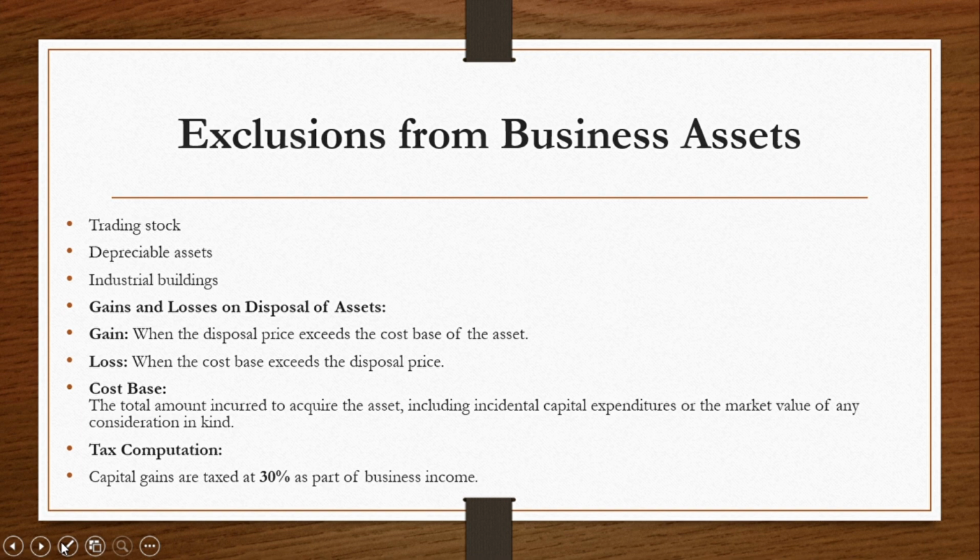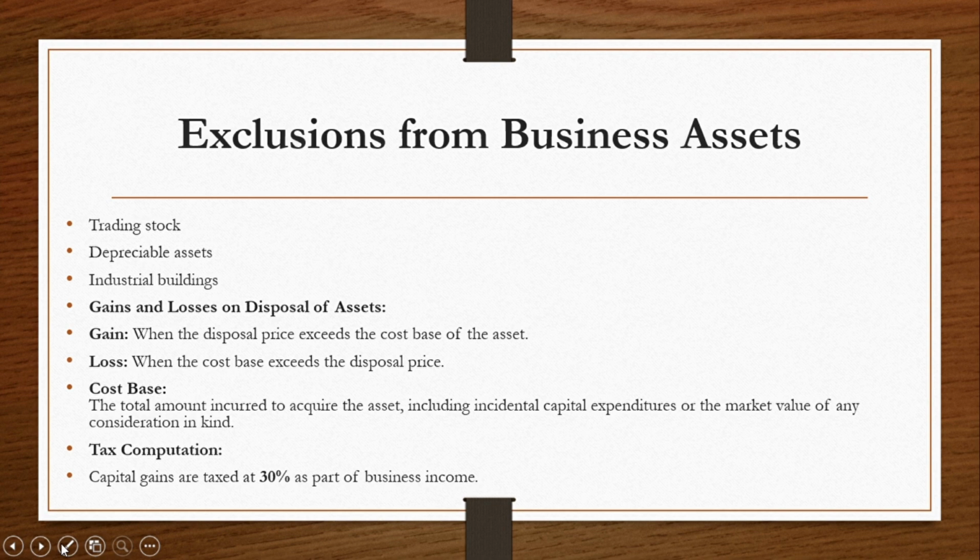So if a business buys land for 100 m and they sell it for 150 m, the profit of 50 is a capital gain. So it's where the disposal price or the selling price exceeds the cost price of the asset. Then loss is the opposite. It's when the cost base exceeds the disposal price.